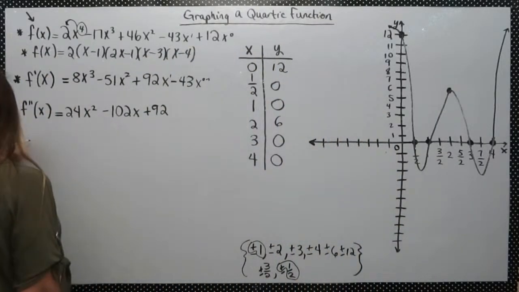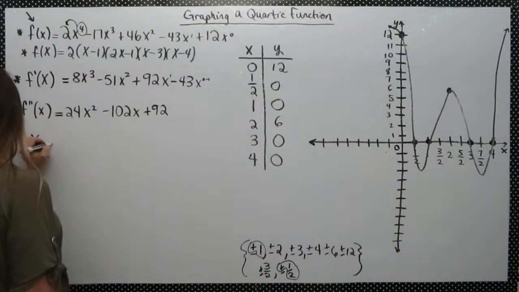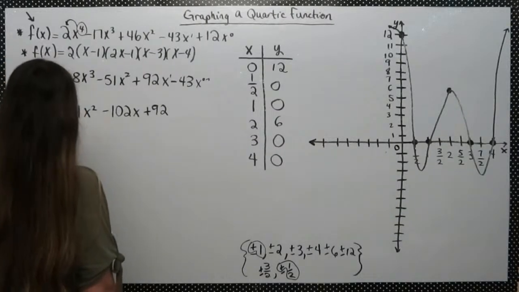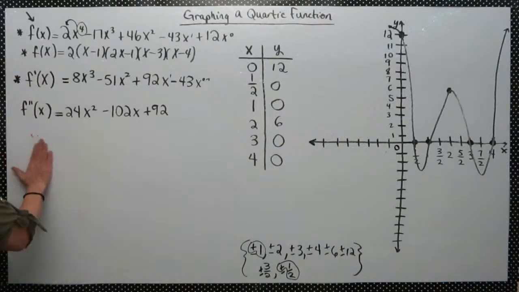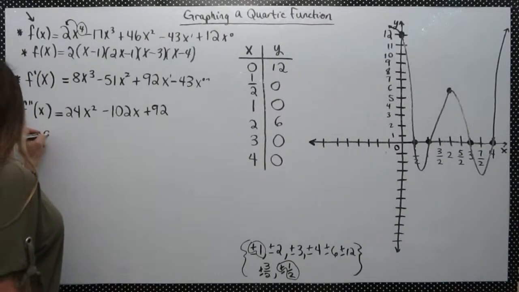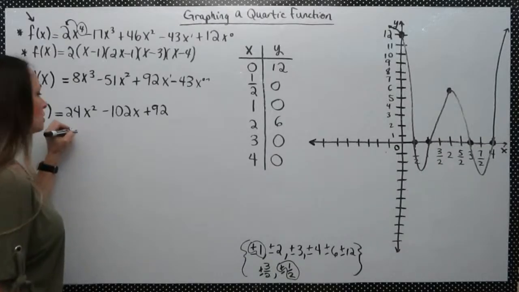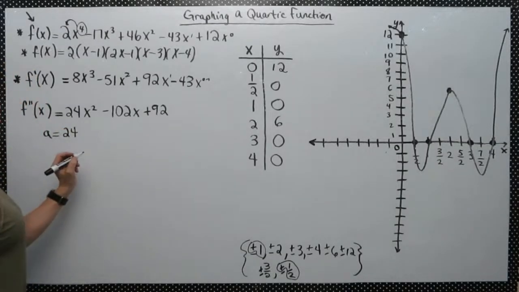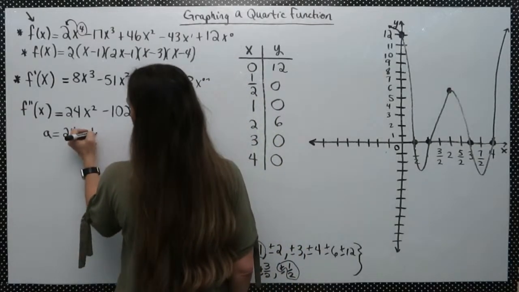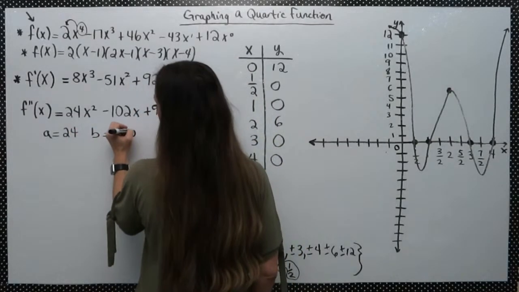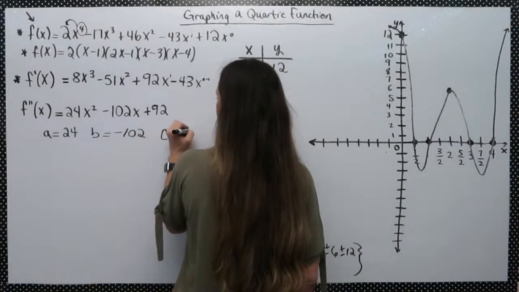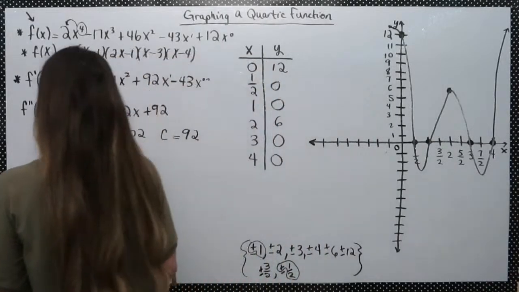So we have the quadratic formula. I'm just going to put x equals... well, I need to go ahead and put the variables. I'll list them just in case. So we got a equals 24, b equals negative 102, and c is going to equal 92. So we'll just see how it goes.